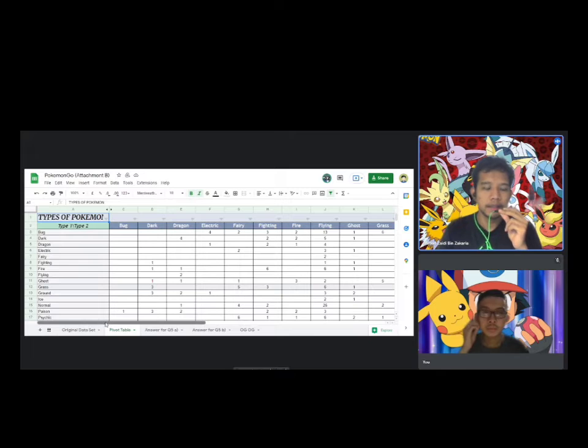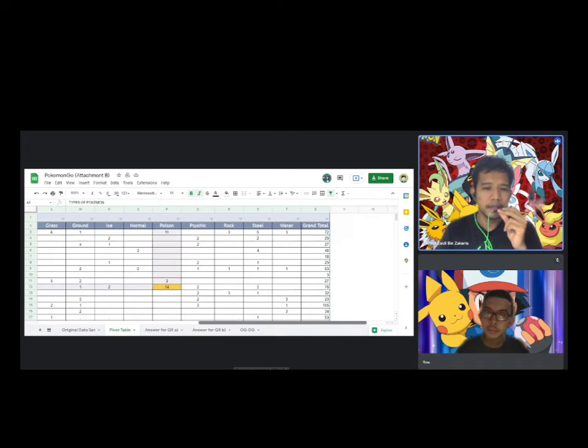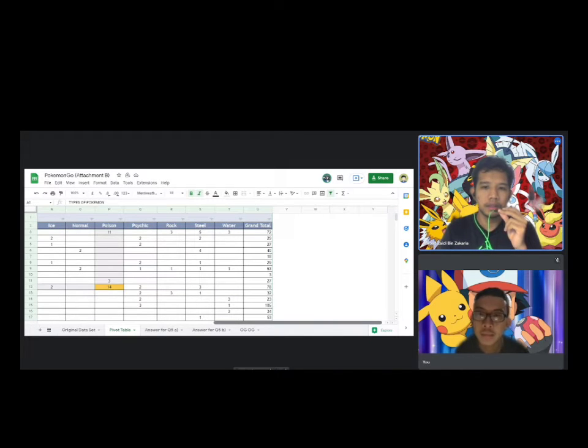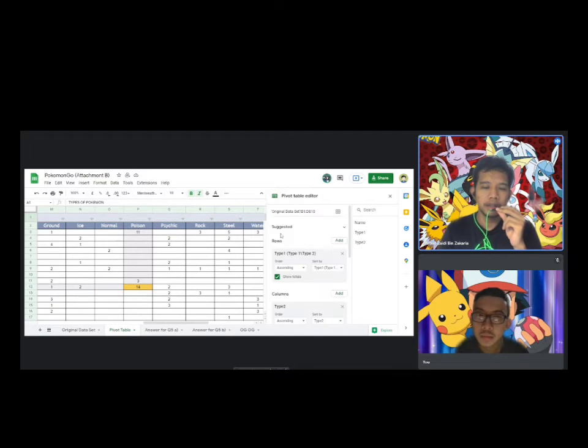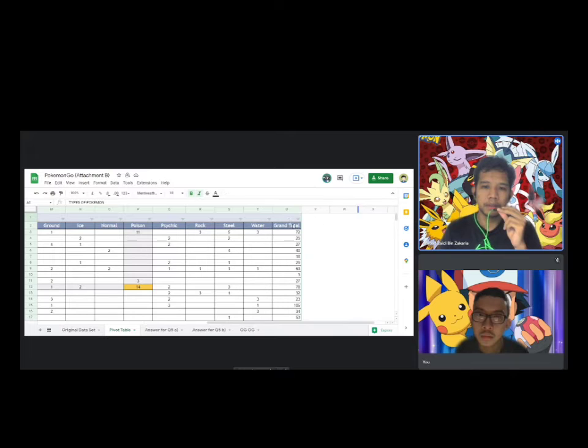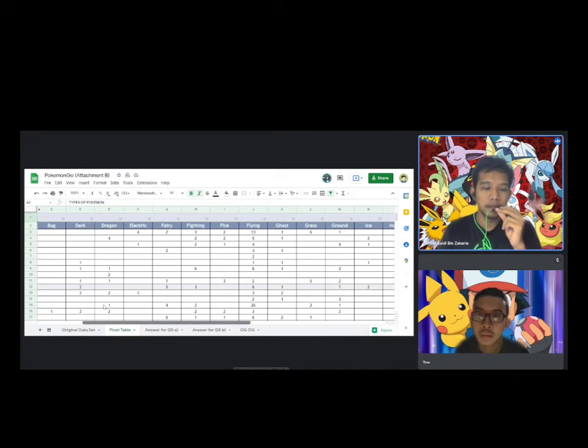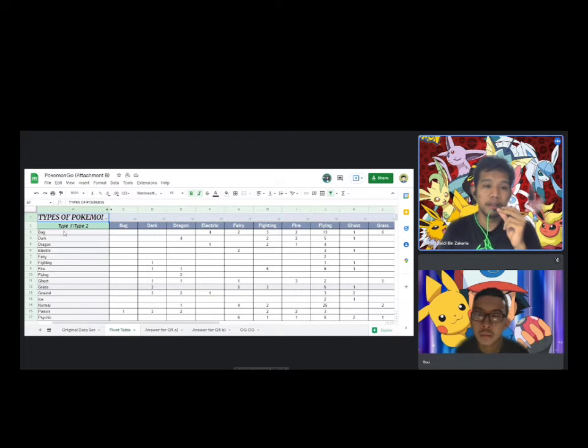At the right side of the table, the grand total shows the total number of type 1 ability, which for bugs is 72. That is all of the Pokemon that have bug ability, total 72.